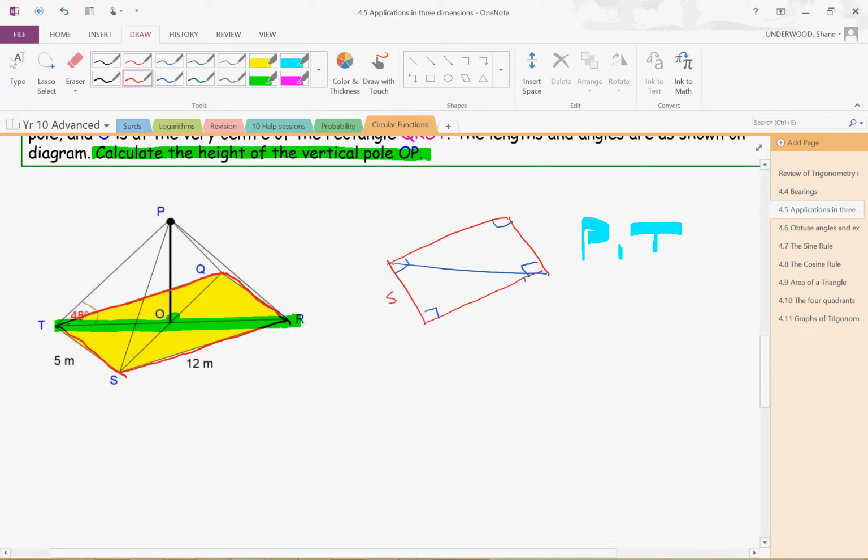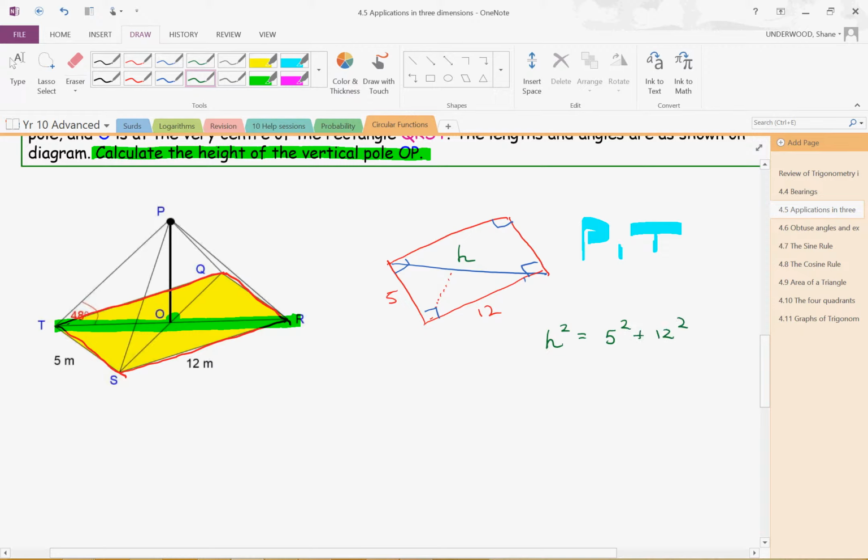So we've got 5, this is 12. Of course, what is opposite to the right angle has to be the hypotenuse. If you can't identify that, you're going to get into some problems. So this distance here, we'll just call h for argument's sake, h squared is equal to 5 squared plus 12 squared.